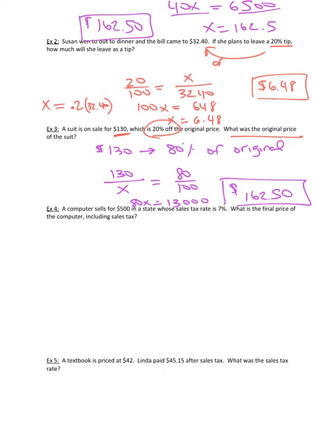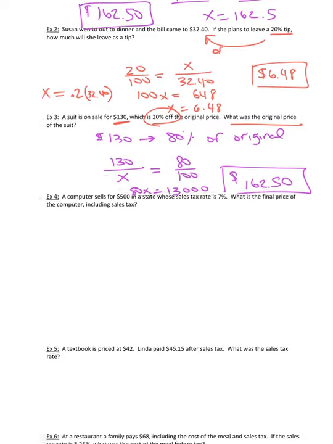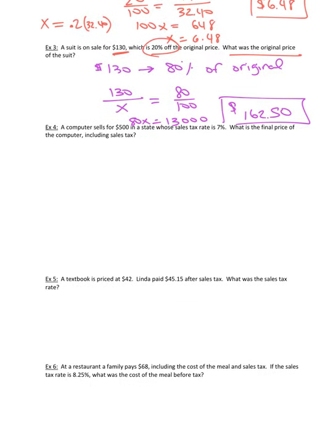Example 4. A computer sells for $500 in a state whose sales tax rate is 7%. What is the final price of the computer, including sales tax? So they're going to be adding on tax. Tax always gets added on. We want to know what's the final price. So $500 is before the tax, and we're going to be adding 7%.